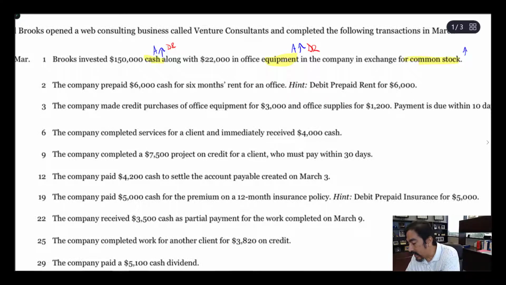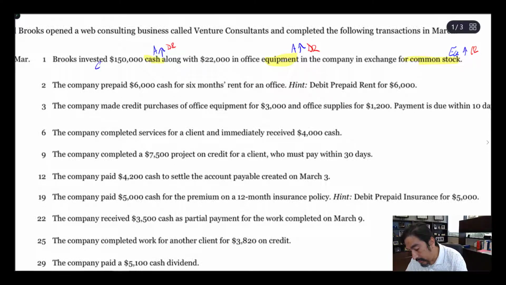And common stock is an equity account. We increase equity accounts with a credit. So now we know debits and credits. We need to know the amounts. The cash amount is going to be $150,000. The office equipment, $22,000. And then the common stock is just going to be the sum of those two numbers, $172,000 it looks like. Let me write that up.